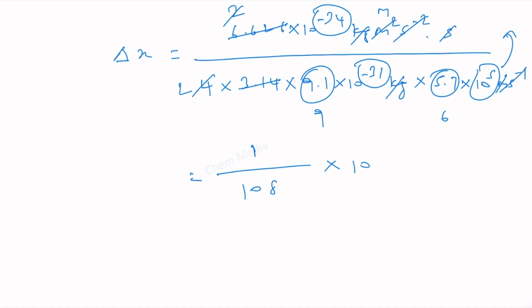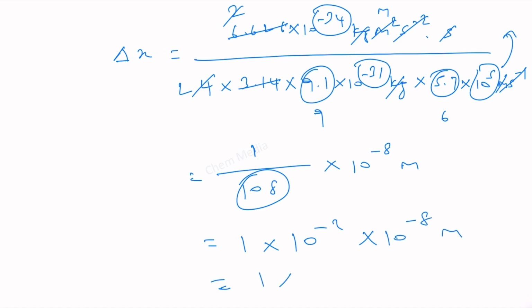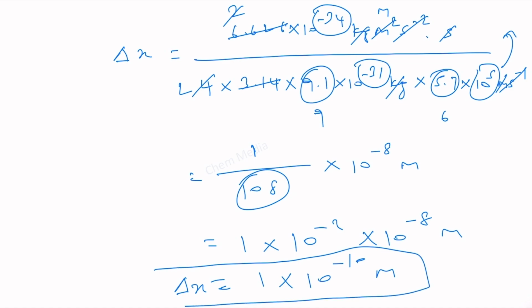So, eventually what we will get here is 10 to the power minus 8 meter. Now, if you take this 108 as approximately 100, then you can write it as 1 times 10 to the power minus 2 times 10 to the power minus 8. Therefore, this will be equal to 1 times 10 to the power minus 10 meter. So, that is the uncertainty in the position of the electron.